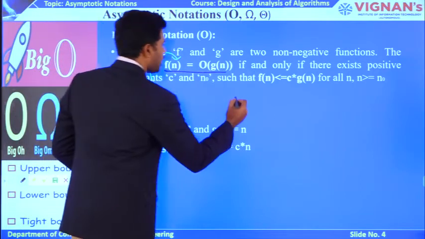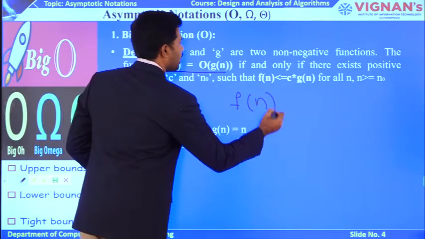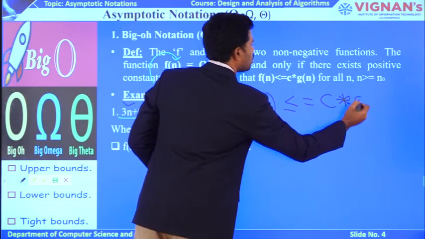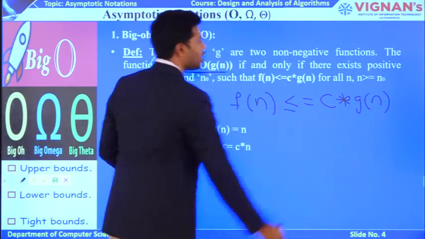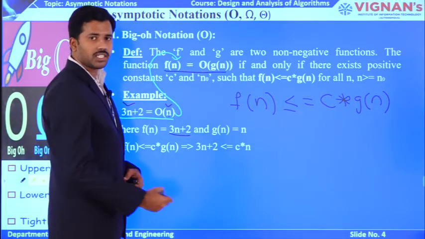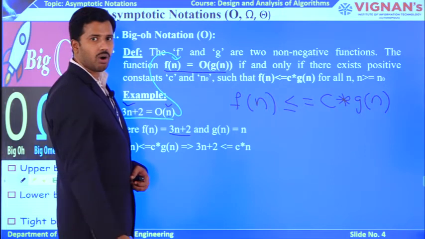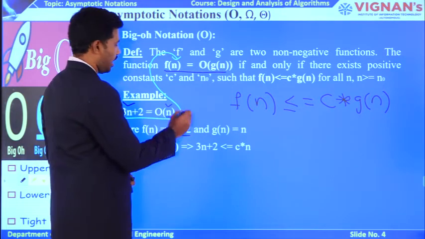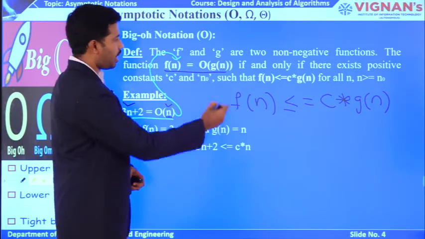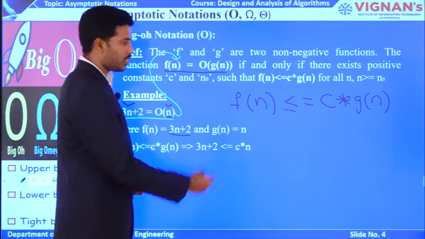Now I can say that f of n is going to be less than or equal to c into g of n. With this relation you are going to find out whether f of n, 3n plus 2, has a relationship with big O of g of n, which is n. Now substitute the f of n value as well as the g of n value in this relation.